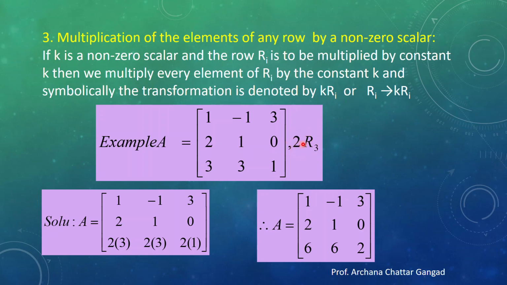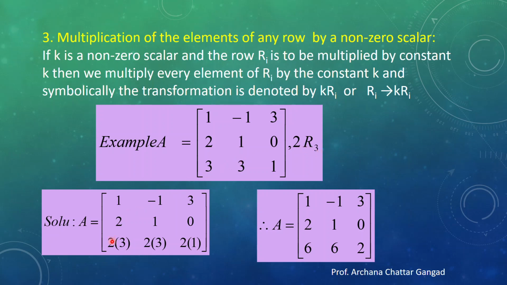That means k star Ri, here the third row is given to us, that is 2 into R3. It means what? We have to multiply the number 2 to the third row. All the elements of the third row have to be multiplied by k, and the value of k should be non-zero. So here k is given as 2. So what about the first and second rows? First and second rows remain as it is. So first row as it is, second row as it is. Third row is the operation we are going to change. Third row multiplied with 2.